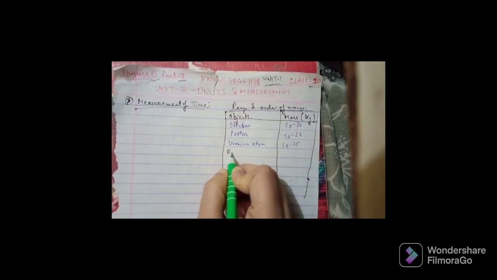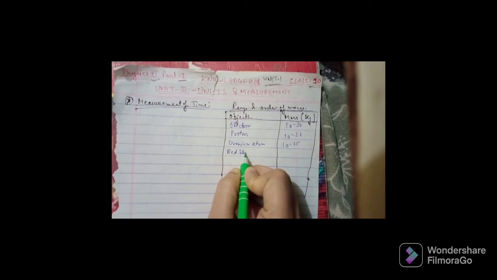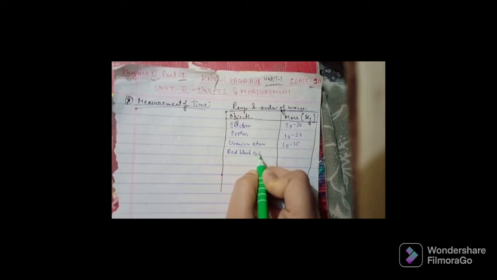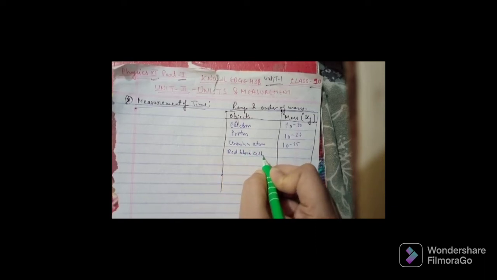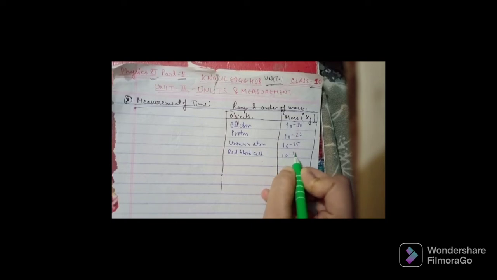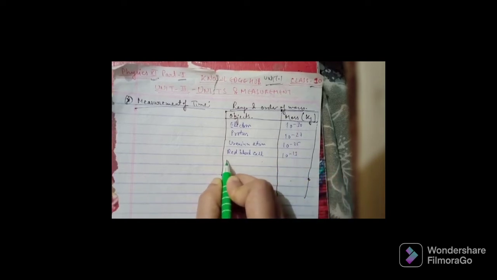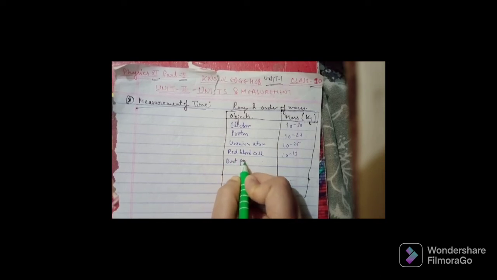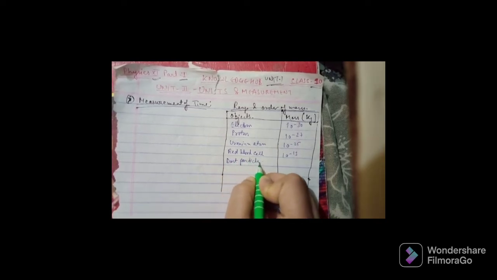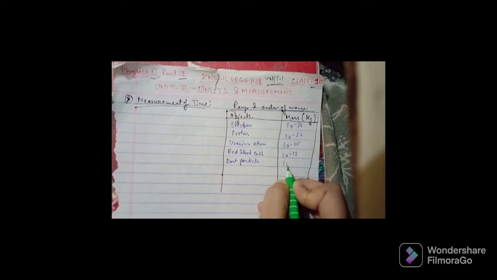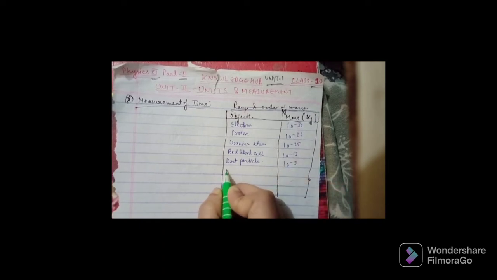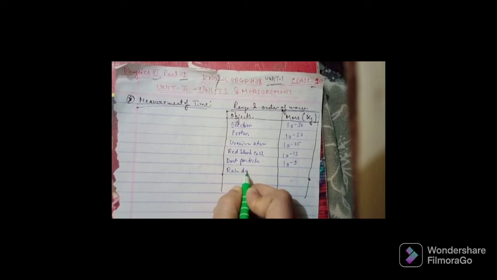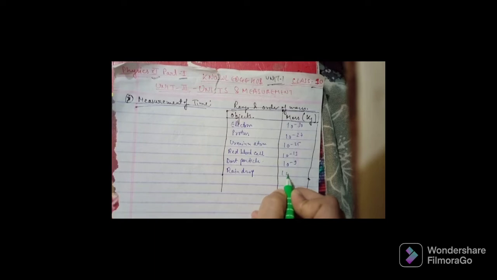Red blood cell, 10 to the power minus 13. Dust particles, 10 to the power minus 9. Raindrop, 10 to the power minus 6.